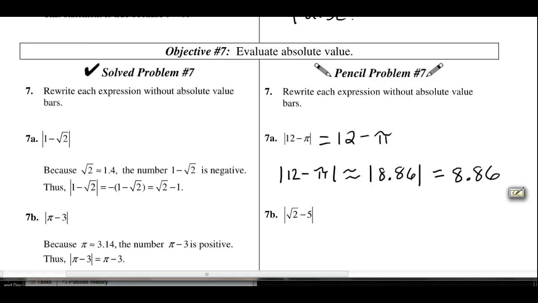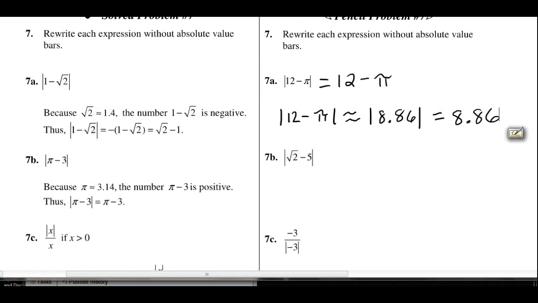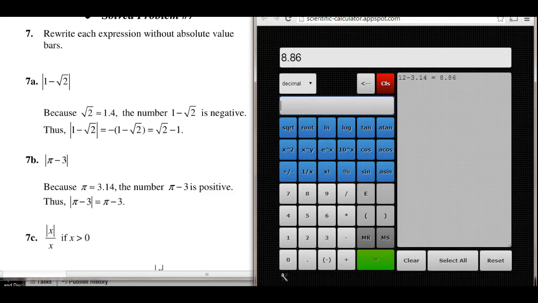How about the next one? The square root of 2 minus 5. Well, we know that that is going to be a negative value, so we want to switch it to the positive value. So let's try it with the approximation method first. So let's go back to our calculator and do the square root of 2.